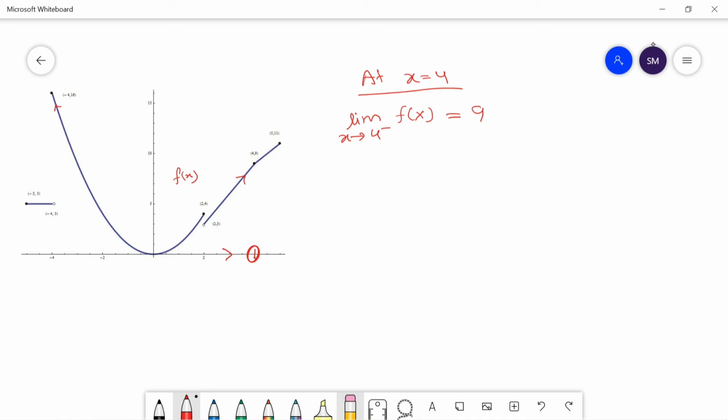And when you come from the right hand side, limit x tends to 4 plus f of x is also 9. So this implies limit x tends to 4 f of x is equal to 9, because the left hand side limit and right hand side limit are equal.